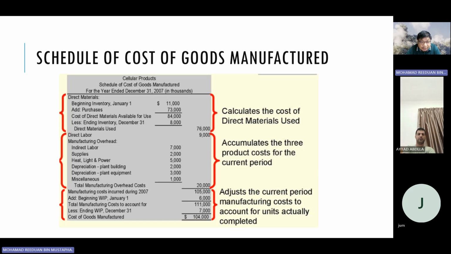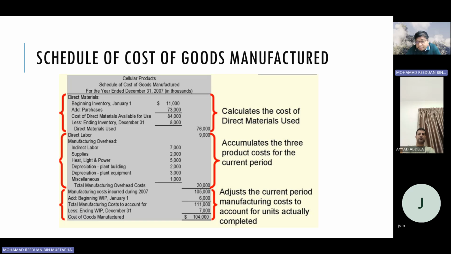The opening and the purchases together are the total cost of direct material available for use. But at the end of the year, there is still a balance of stock of material which is not used.